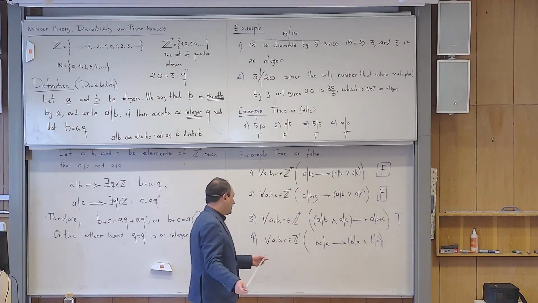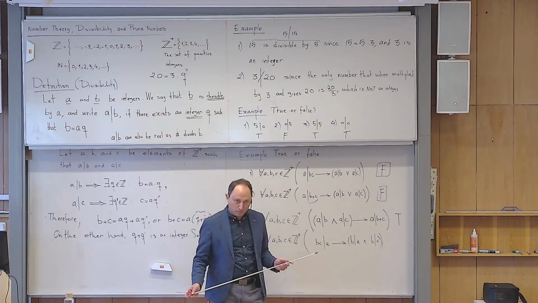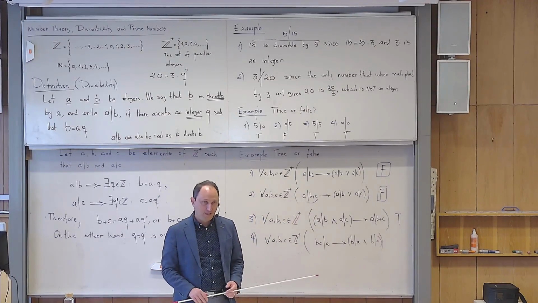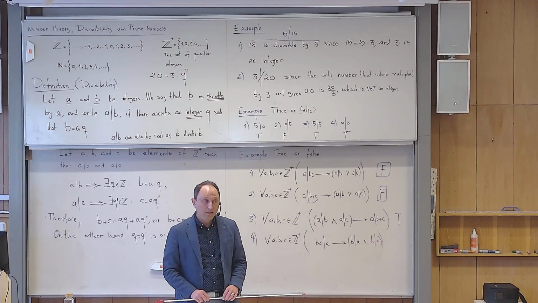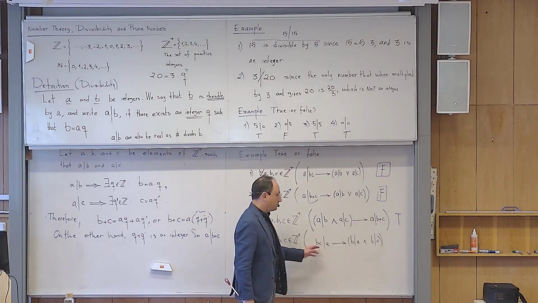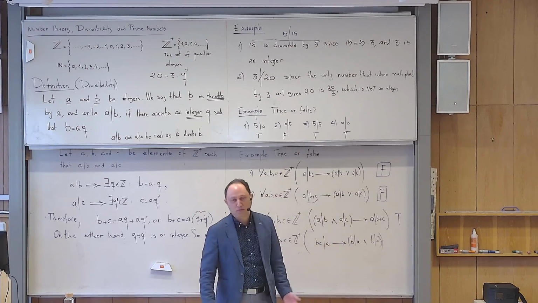So if a number is divisible by the product of two numbers, then that number is divisible by either one of those numbers. Either means or. By both of them, yes, that's correct. So if a number is divisible by the product of two numbers, that number is divisible by each one of them.